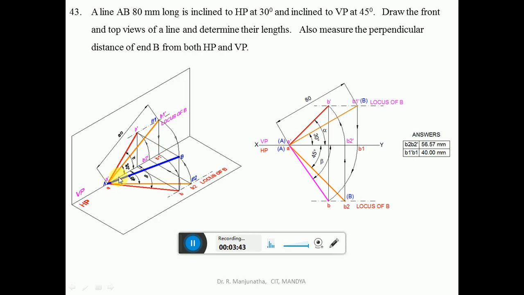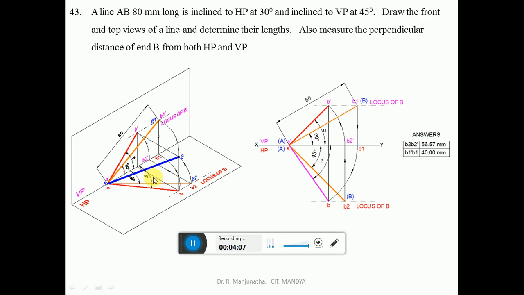Once the line AB1 is parallel to VP, you get the true length in VP. But B1 is not on VP, but in front of VP, due to the presence of this true length line which is inclined at 45 degrees, of 80 mm length. So you are going to get this point here. So this will be the locus of B.